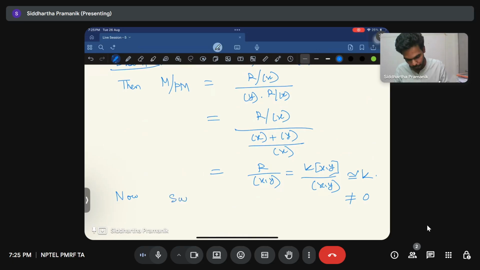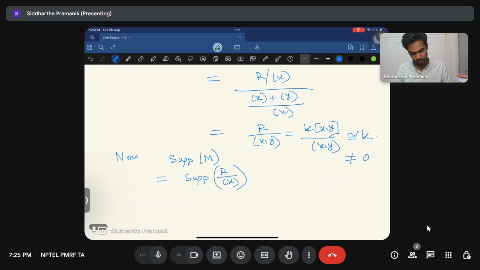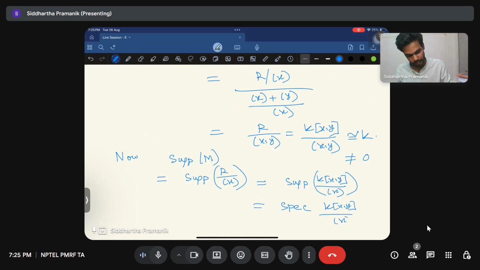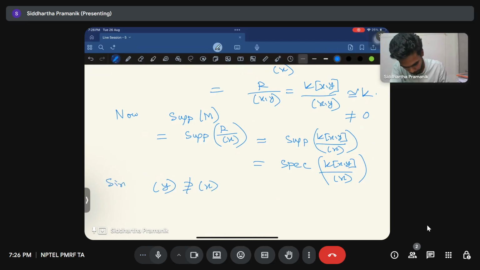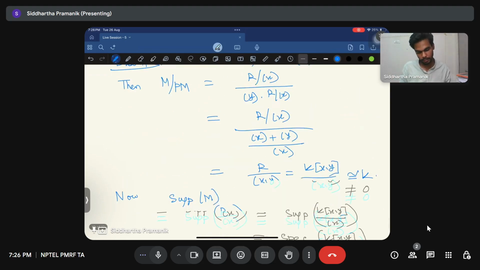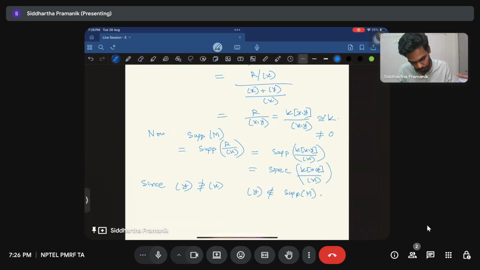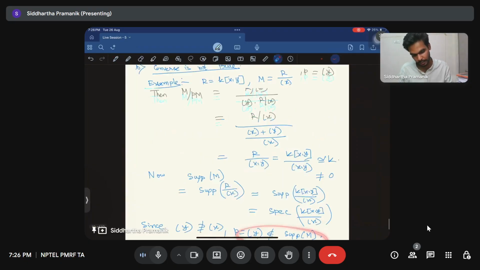But if we take the support of M, which is the support of R quotient X, which is the support of K[X,Y] modulo X, this is basically the spectrum of K[X,Y] modulo X. So this is basically the prime ideals of K[X,Y] which contain X. The ideal generated by Y does not contain X, so the ideal generated by Y does not belong to the support of M. So this P does not belong to the support of M, but still M mod PM is non-zero.